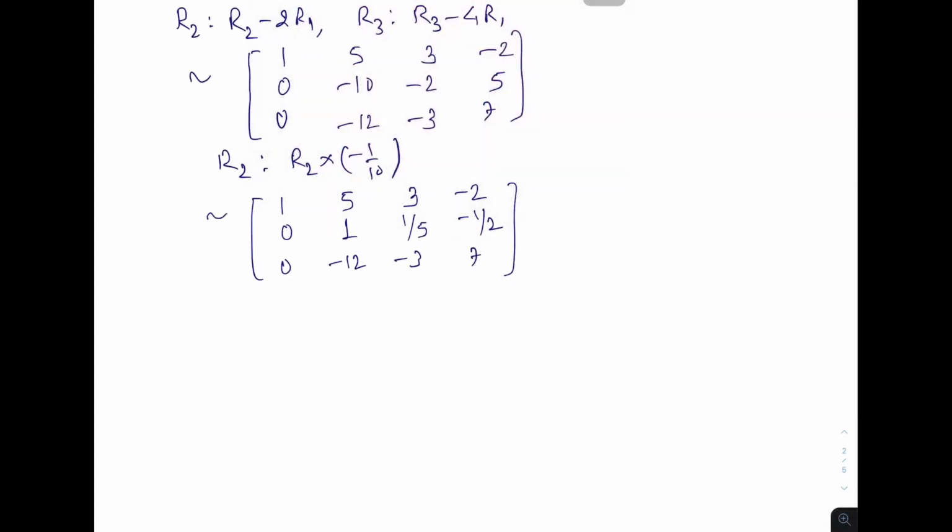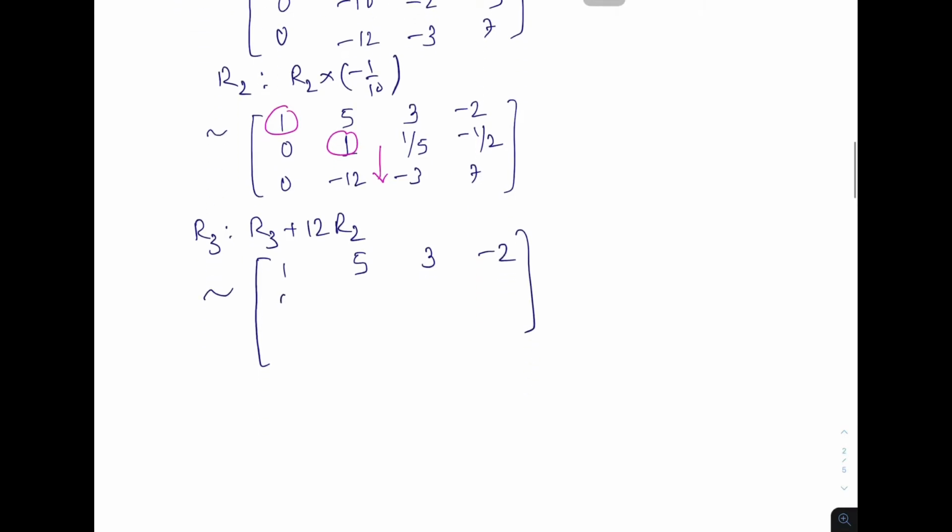Now we are having the leading one here. Make this entry to be 0. So R3 plus 12 R2, and so 1, 5, 3, -2, this is 0, 1, 1 by 5, -1 by 2, 0, this is 0.